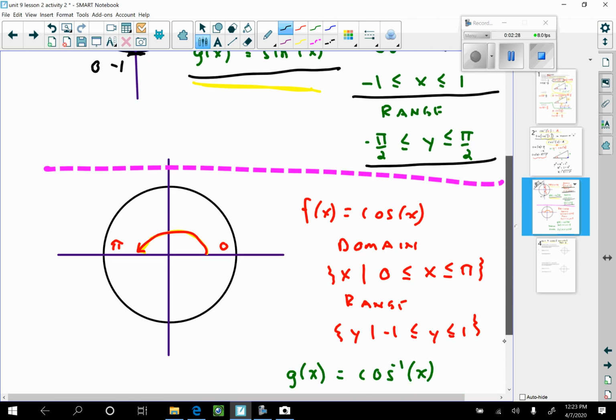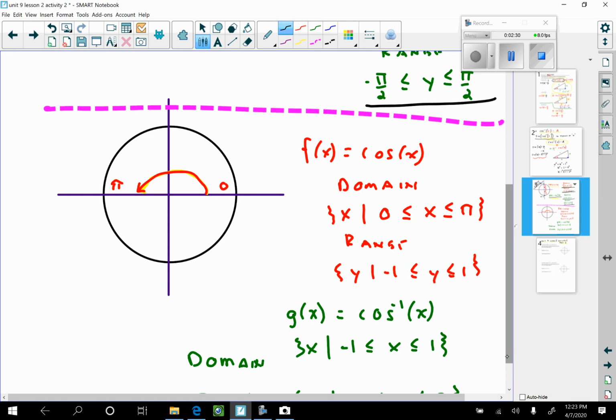In like manner, to talk about inverse cosine, I have to look at cosine. Again, I'm doing the unit circle approach here. I restricted the domain of cosine to be between 0 and pi.